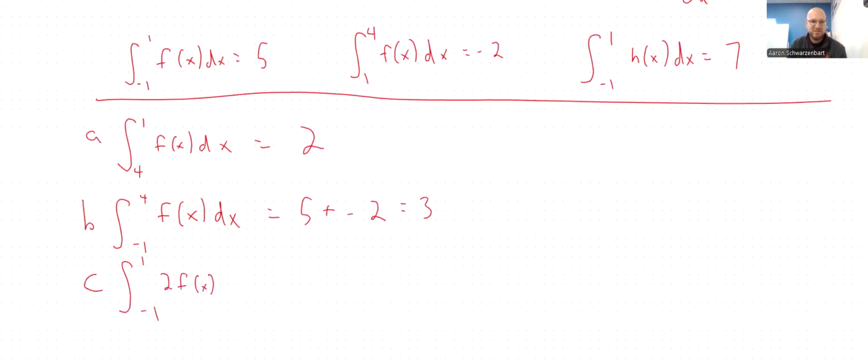I'm going to use brackets instead of double parentheses. So the bounds are -1 to 1. So we can put those constants out.